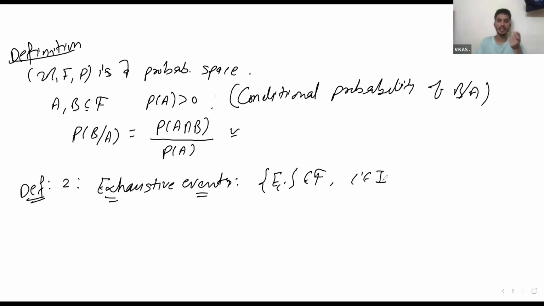What I mean by any index is it can be countable, finite, or uncountable, but every subset belongs to F. And what is the property of these E_i, such that the probability of the union of E_i, i belonging to the index, is equal to 1.